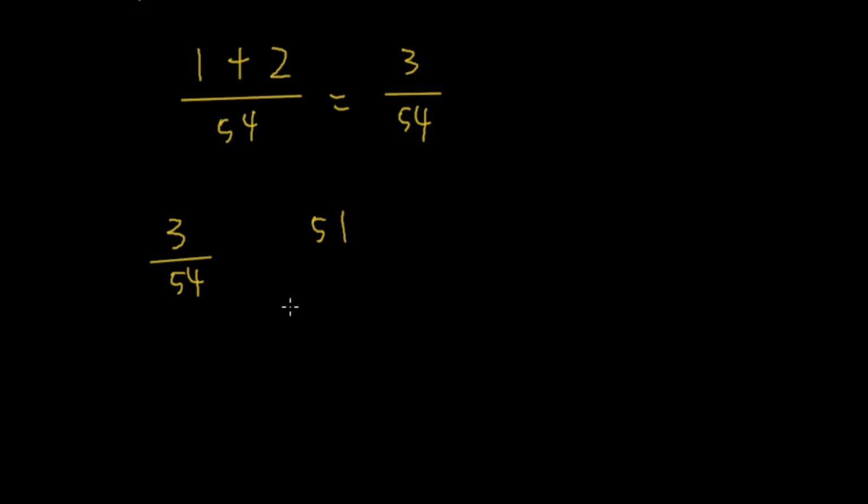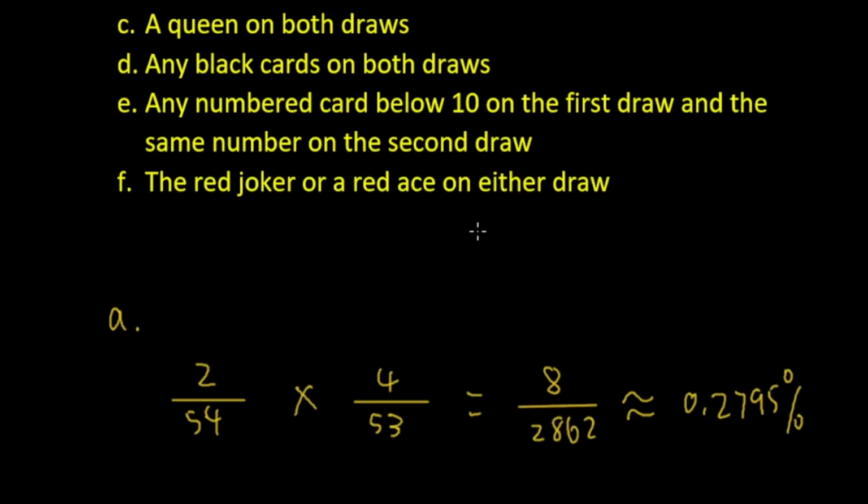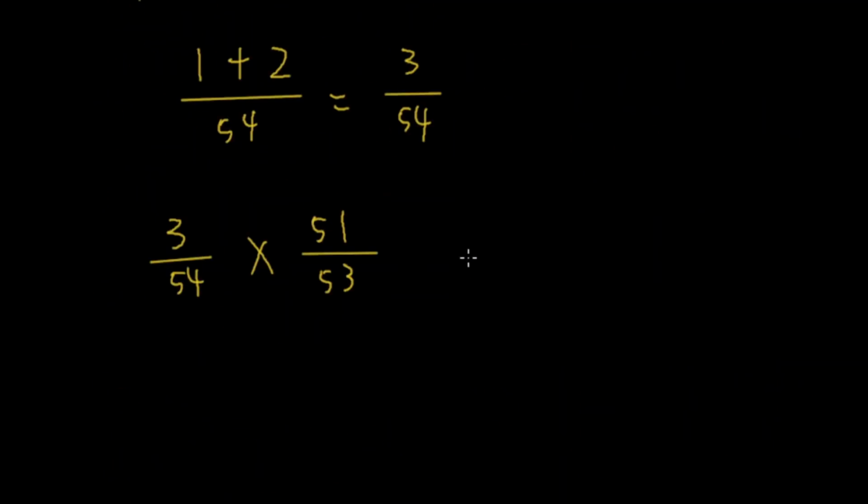Now, again, on the second draw, since you don't return the first card, you have 53 cards to draw from. And of course, you multiply these 2 probabilities. That will give you the probability of drawing one of the cards in part F, but none of these cards on the second draw.